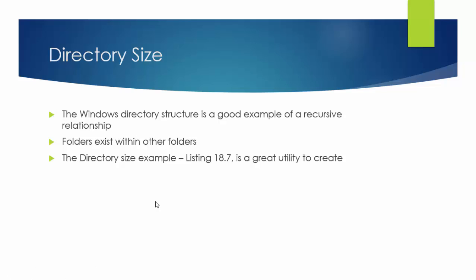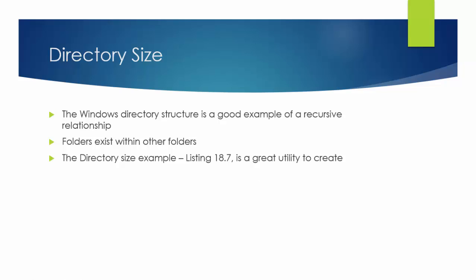In your textbook and Ravel, listing 18.7 is an awesome example of a directory size program. It actually lets you drill down through your Windows directory structure and accumulate the size of all of the files and folders in a given directory as an example of a recursive program.